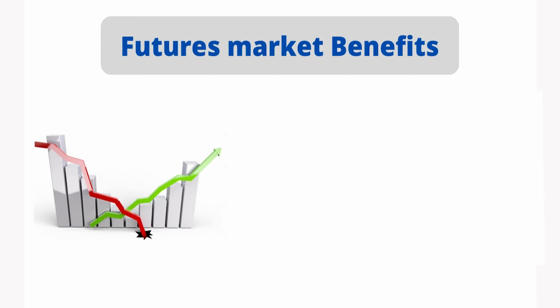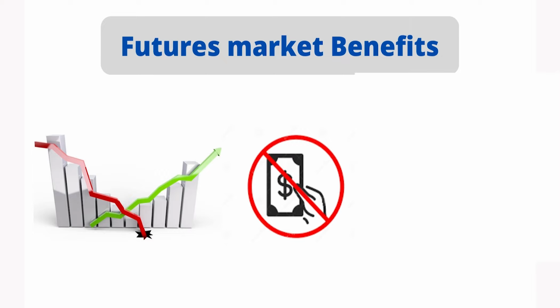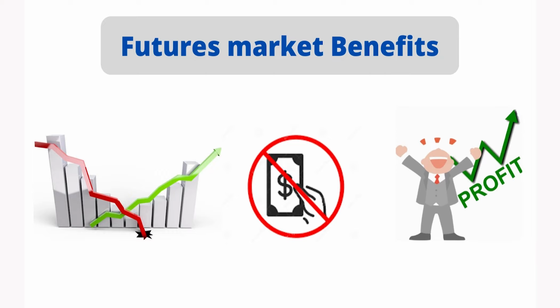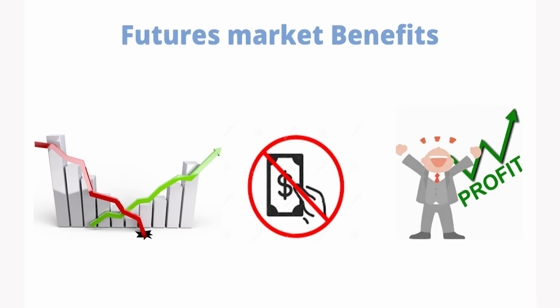In a traditional market, you have to buy at low price and sell at higher price in order to gain profit. But in futures market, you can get benefit from both downward and upward trend. Also, futures market allow investors to gain exposure to specific crypto without having to hold it, like a futures contract for a commodity or stock index. And another reason is that you can get more profit than usual.